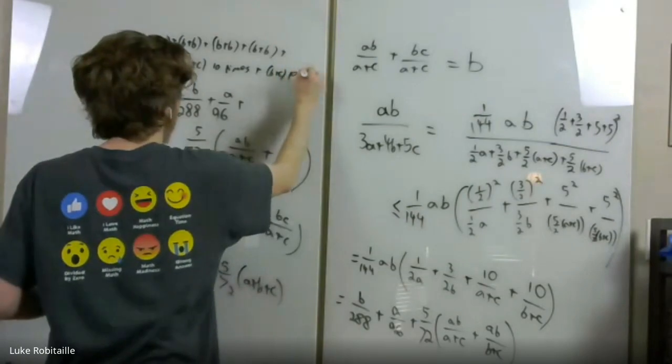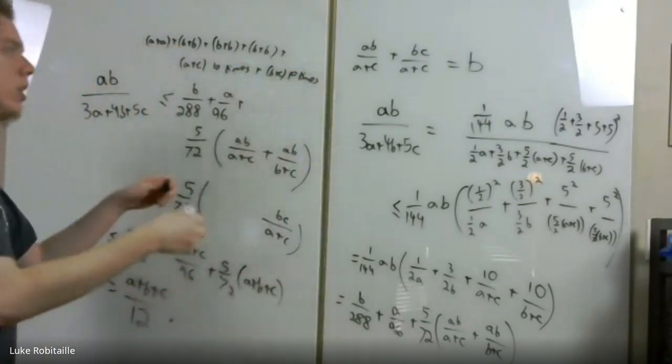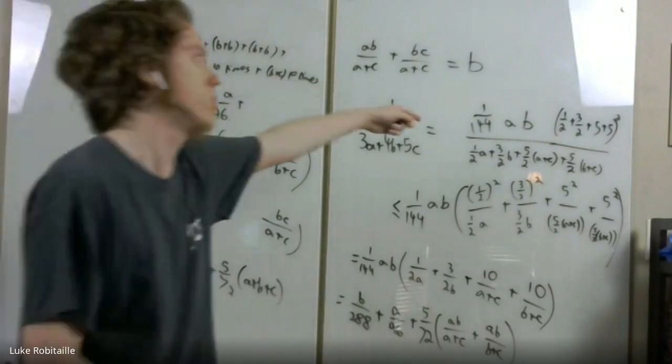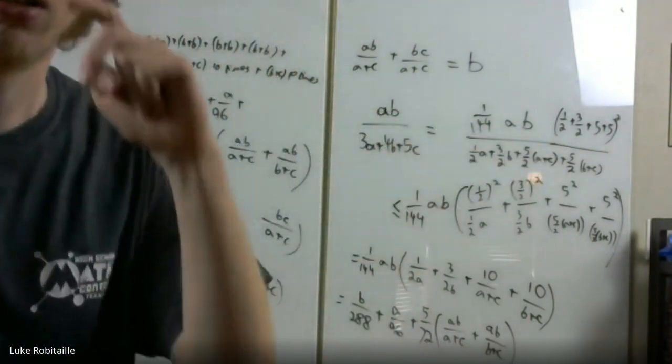If you just wanted a more direct way of seeing where these coefficients come from: 1, 3, 10, 10.